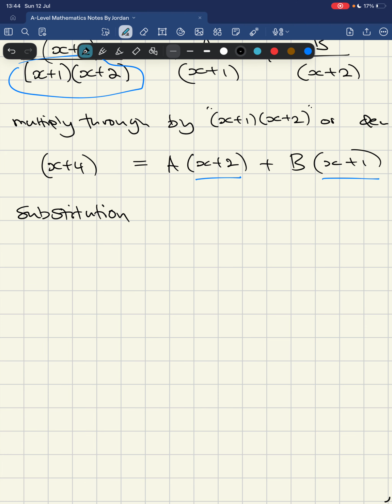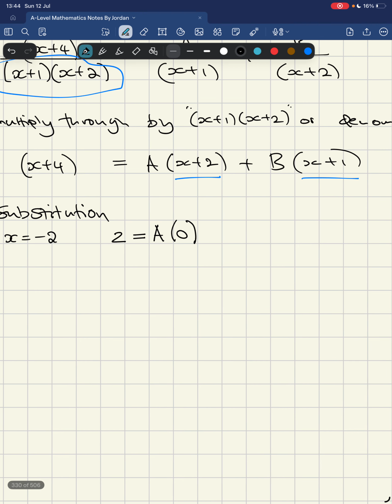So if I make x negative 2, then this bracket becomes a 0, and anything times 0 gives me 0. So that deletes all of this. So first choice would be to let x equal negative 2. Okay, so if I put negative 2 here with the 4, that's going to give me 2 on this side. A is going to be here, but that's going to be negative 2 plus 2, which is a 0.